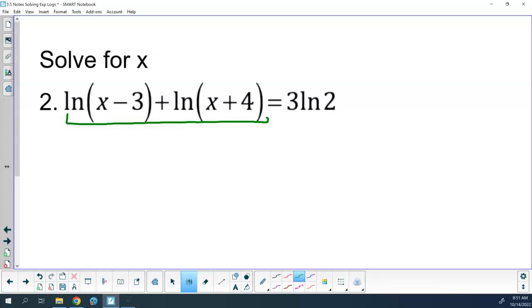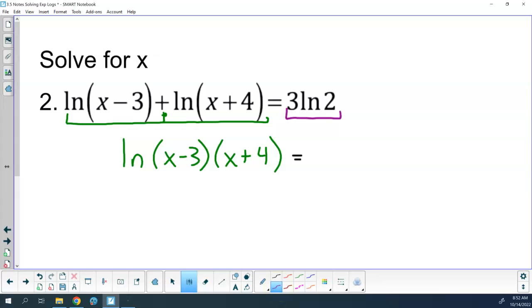Because this right here is an addition sign, that's the product property. So this would become natural log of x minus 3 times x plus 4. This one over here would become power property. So this would become the natural log of 2 cubed, which is 8.